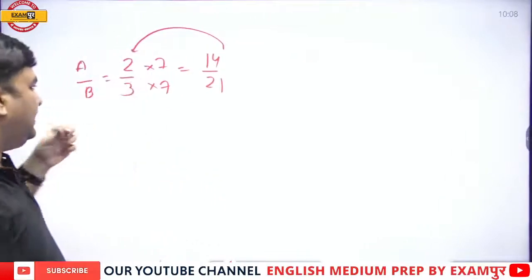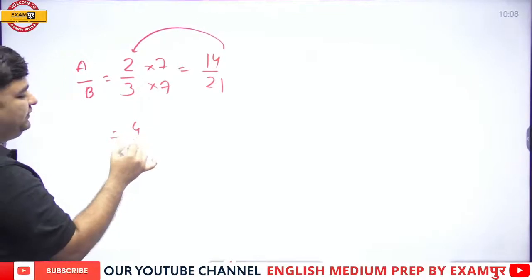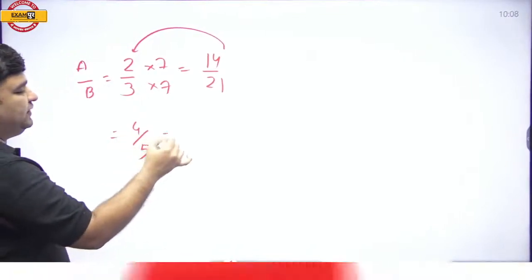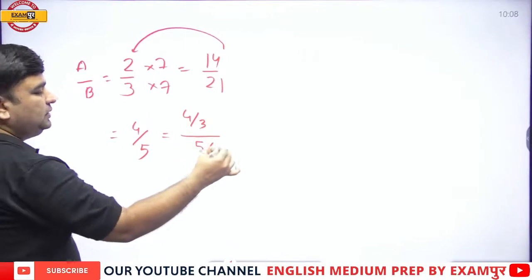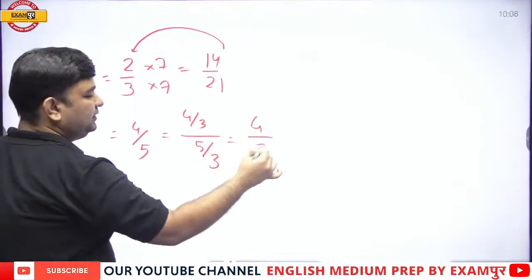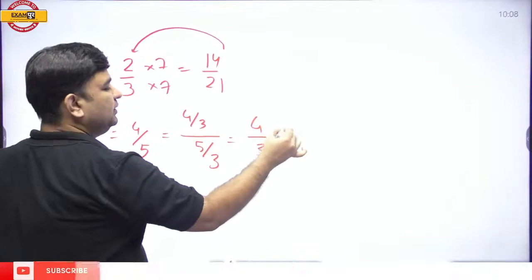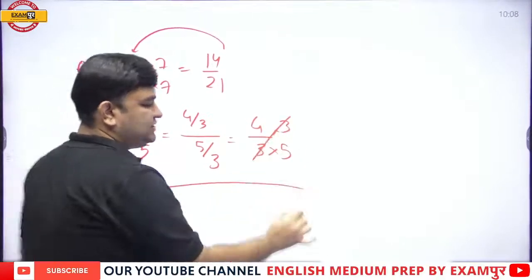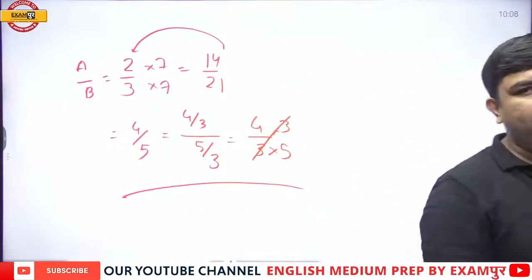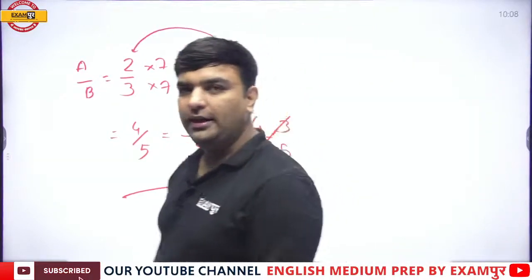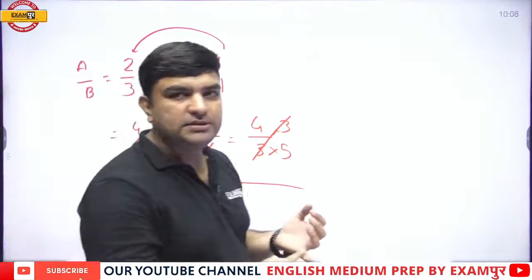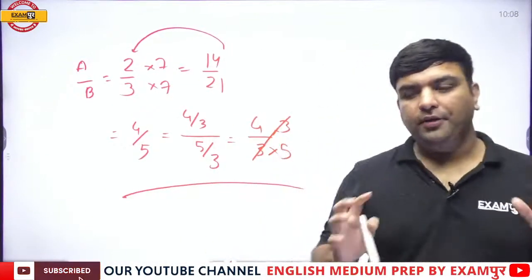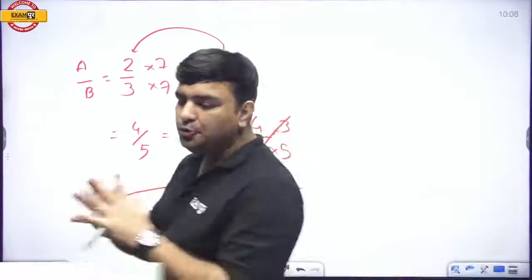You can divide it by any number, like 4:5: divide by 3 in the numerator and 3 in the denominator, so it is 4/3 to 5/3. So a ratio can be multiplied or divided by any number, and it will not create any change in the ratio. A ratio is a comparison of two similar quantities, and in itself is a unitless quantity.